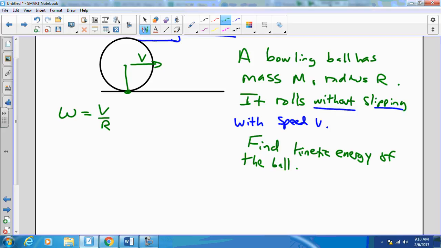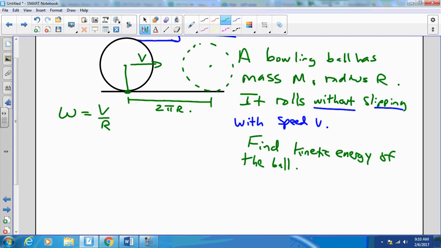And once the ball has gone a distance of 2 pi r, its center has gone a distance of 2 pi r, then it will have rolled about the center a distance of 2 pi r as well. In other words, it will have undergone one rotation.